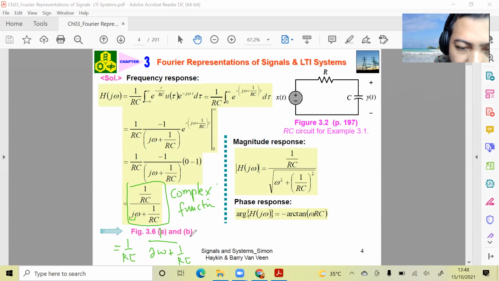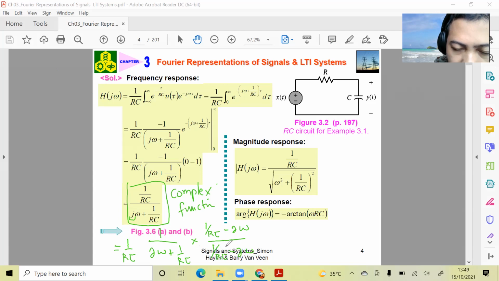And we can conduct, in Bahasa, rasionalisasi. I don't know in English, is it correct if we say rationalization? So we just multiply by RC minus jω over RC minus jω.